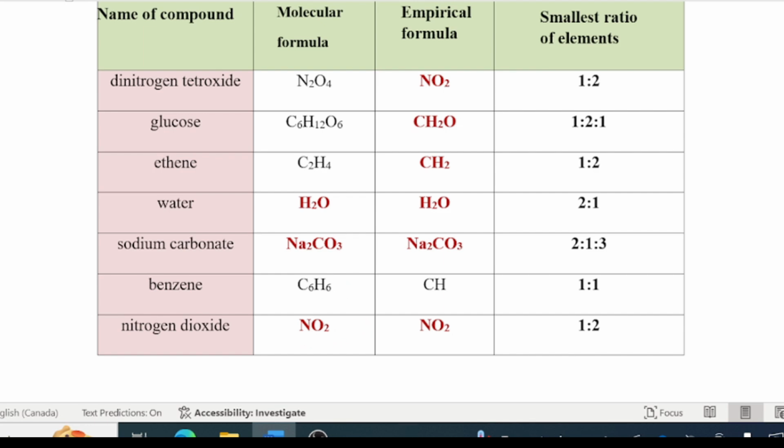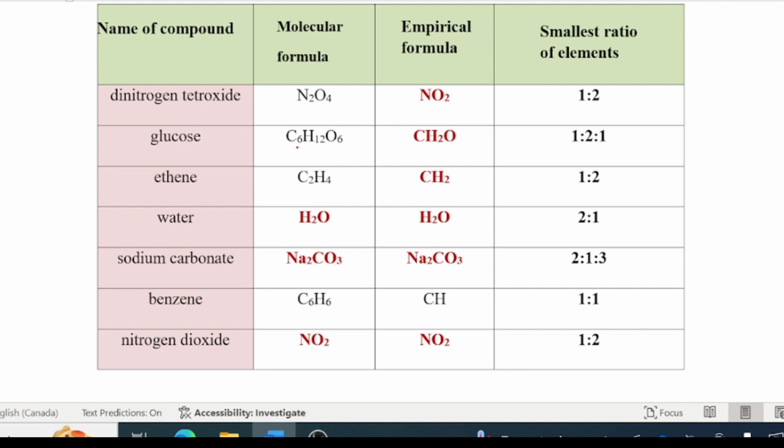The empirical formula of a compound is the smallest ratio of the elements in that compound. For example, you're having N2O4. What is the lowest this can be reduced in terms of number of nitrogen and oxygen? You see, this is what it is.